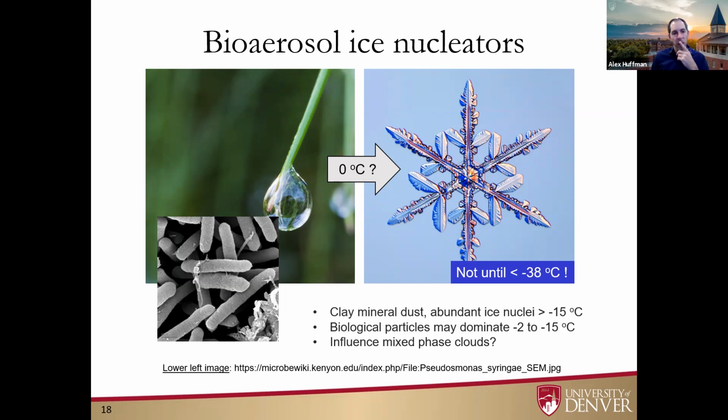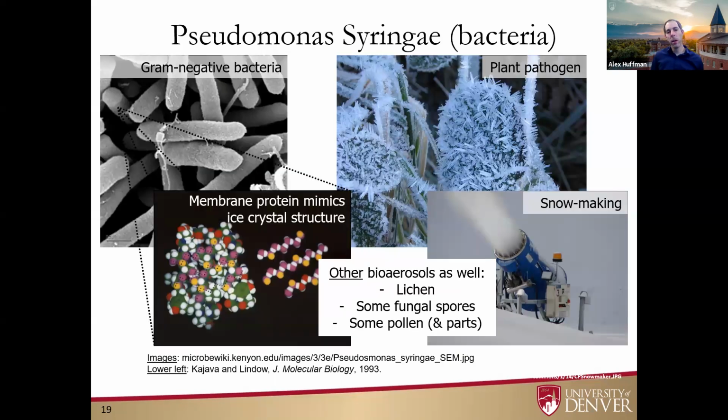Okay, next. You can go ahead, Josh. One source for this is, for example, a bacteria called Pseudomonas syringae, although there are many others. I just chose one here. It turns out it has proteins on its surface that mimic the crystalline shape of ice, which is really cool. And so it basically tricks the water into freezing.